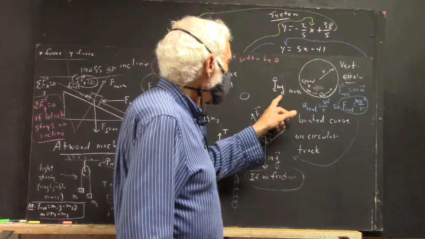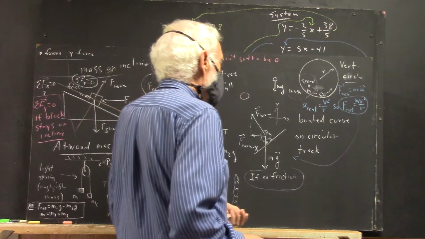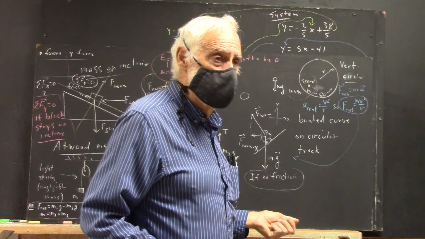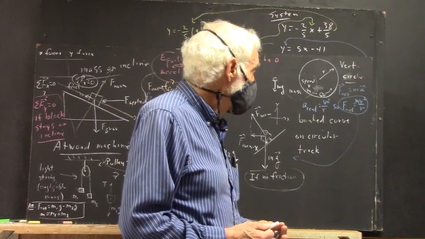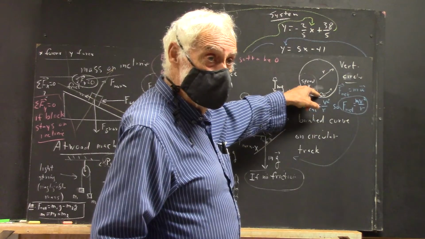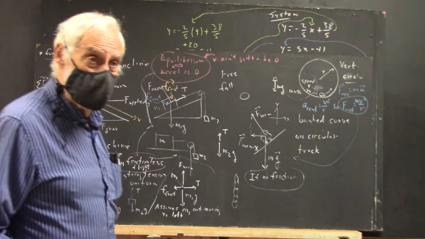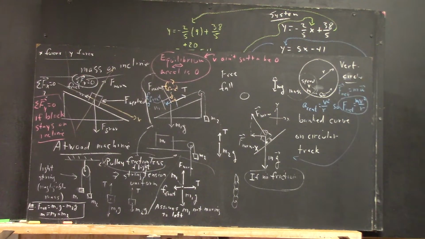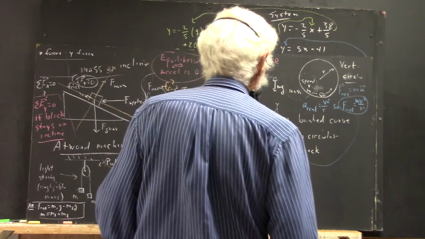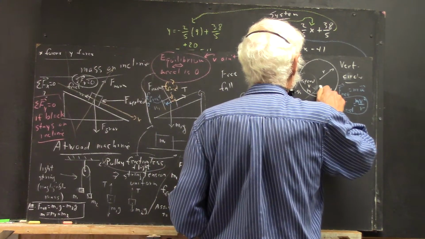Okay, so you've got mg. Is there any other force acting? Is this thing in free fall? Why not? Because that circle is supporting it, and the circle is what exerts the normal force, the material in the circle. So you've got a normal force, which is perpendicular to the circle, which means the normal force is toward the center.